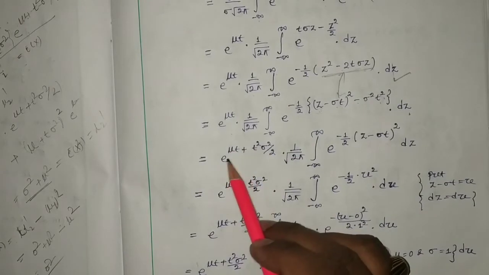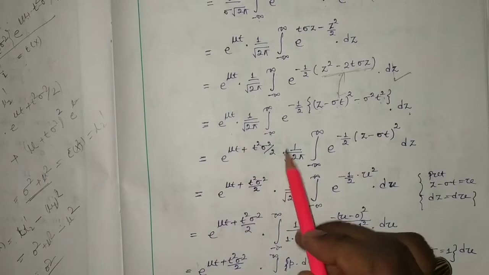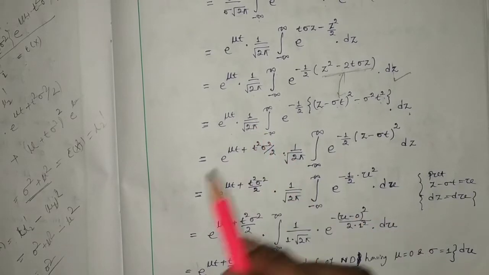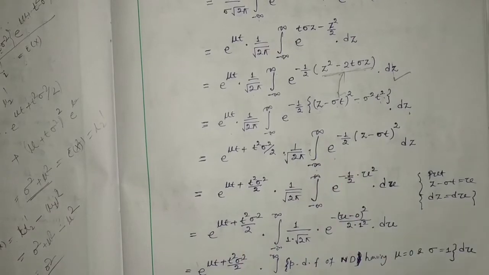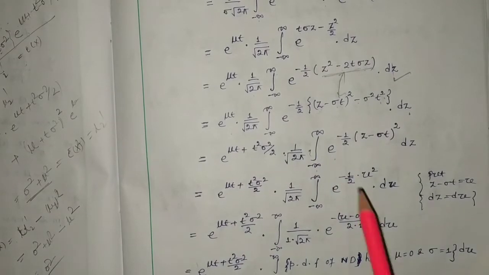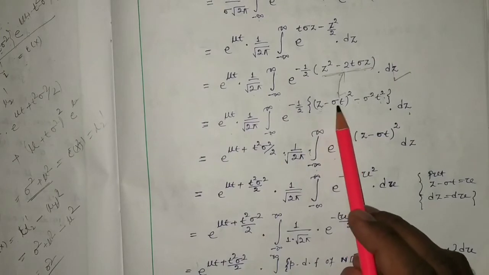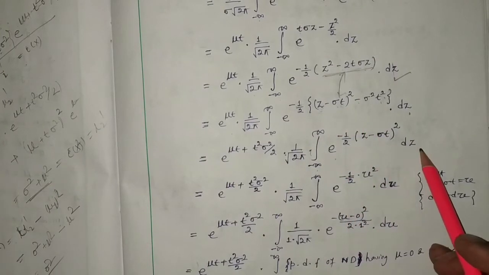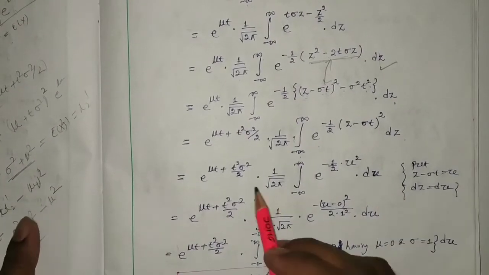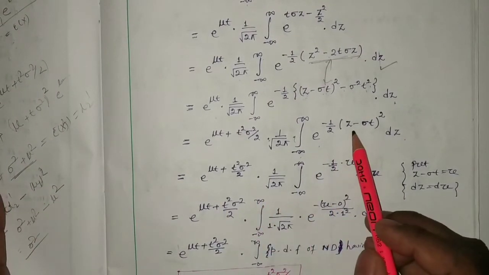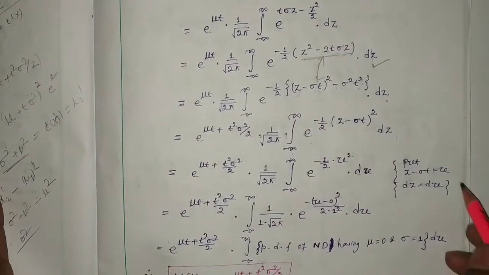So e to the power mu t plus t square sigma square by 2 into 1 by root over 2 pi, integral from minus infinity to plus infinity of e to the power minus 1 by 2 (z minus sigma t) whole square dz. Now here we consider z minus sigma t as another variable, let u.